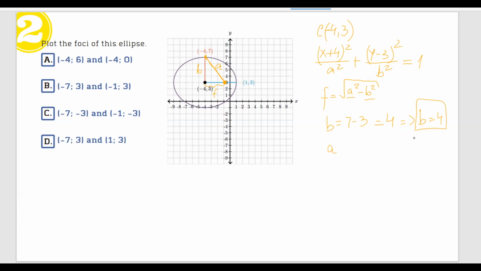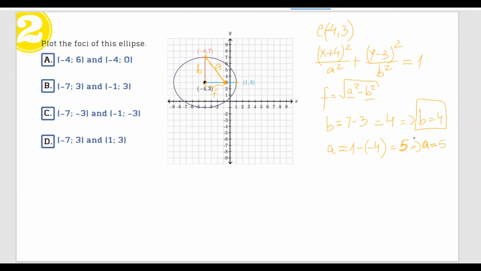And A is a horizontal distance. That means the distance between these 2 points is just the difference in the x coordinates. So I'll have 1 minus -4. I will get 5. This results in A equals 5.